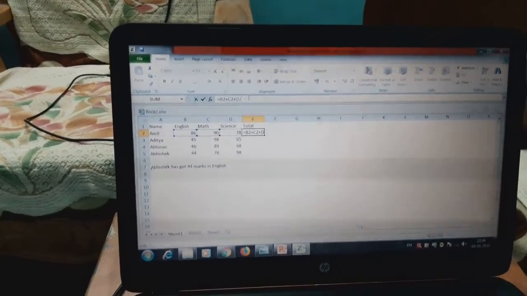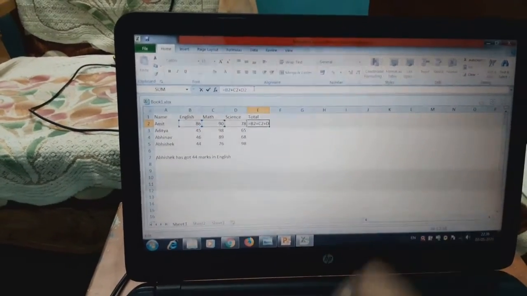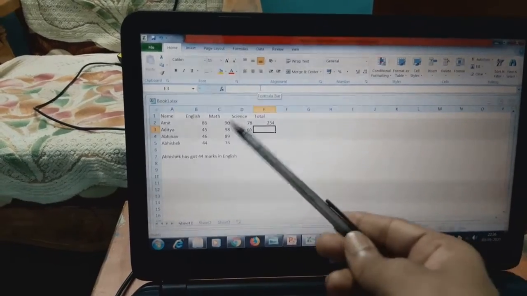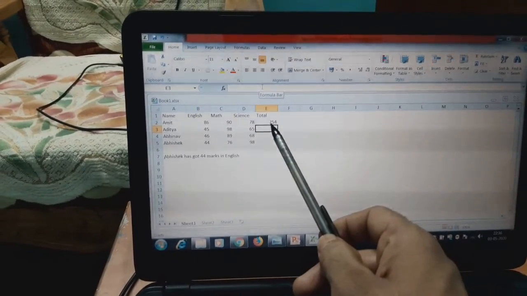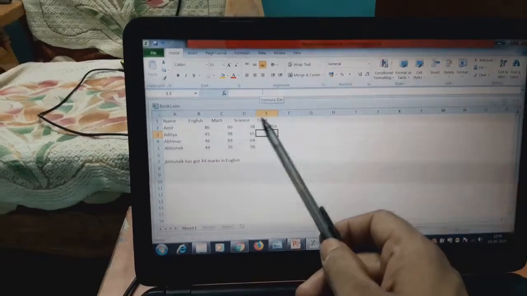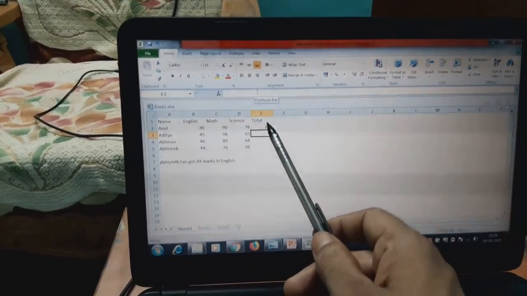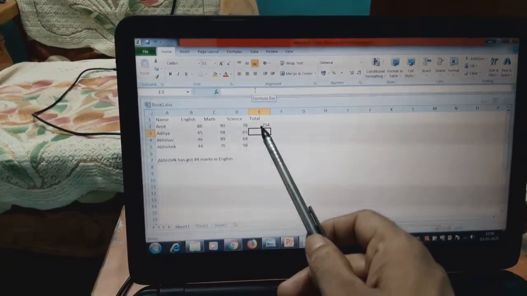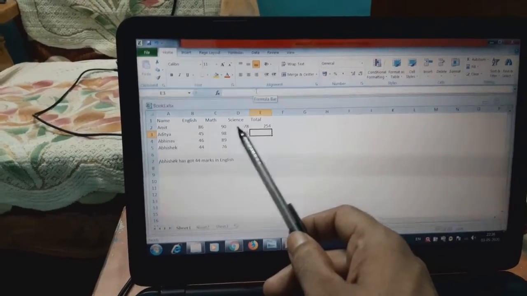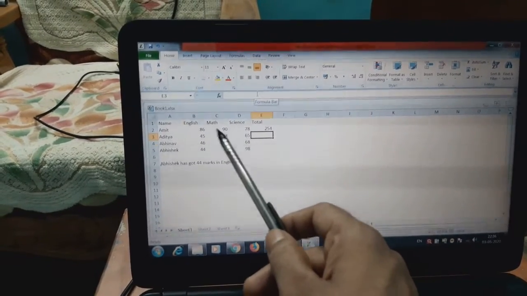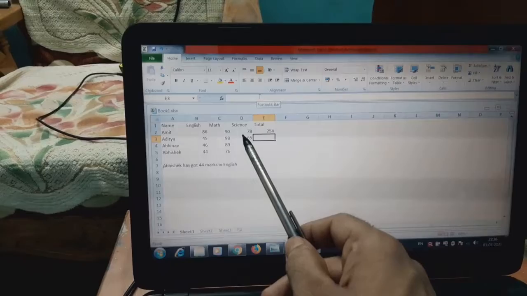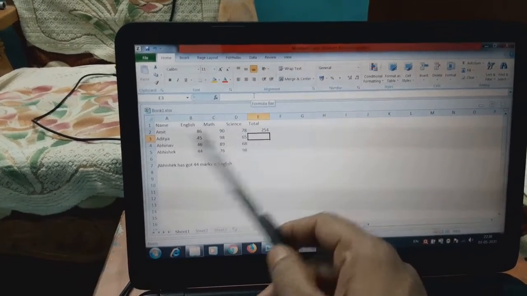So after writing the formula, we have to press enter and your result will be here. Okay, so in this way we use the formula in MS Excel, and as you have seen here, all the three cells were selected at that time, so this is known as cell reference.